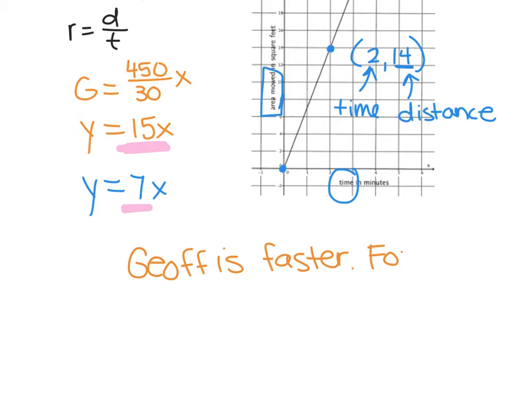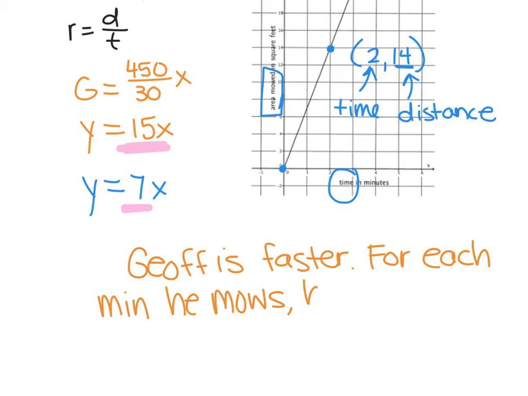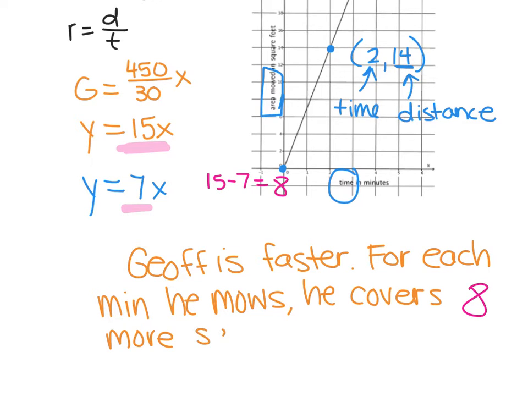For each minute he mows, he covers, and this is where I'm going to find the difference, right? What is 15 minus 7? It is 8. He covers 8 more square feet.